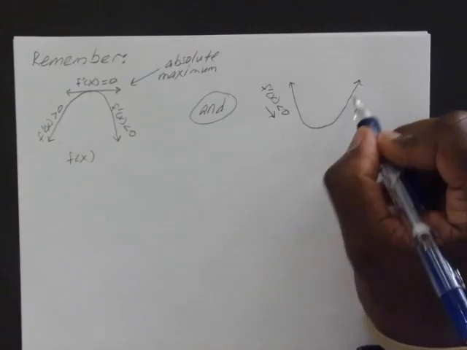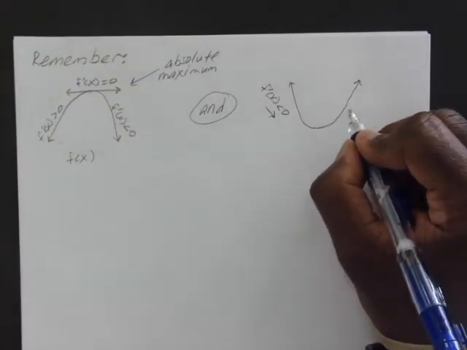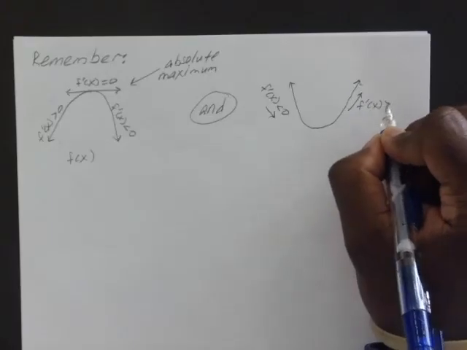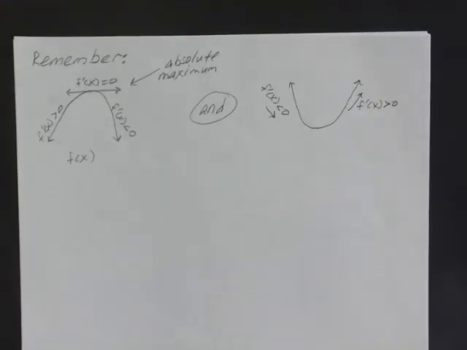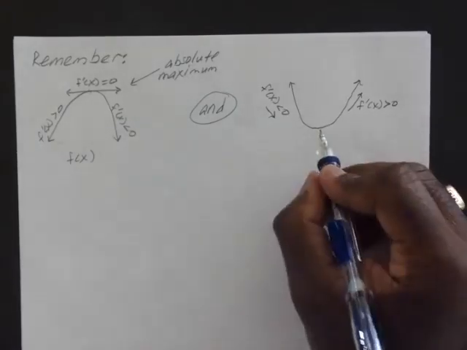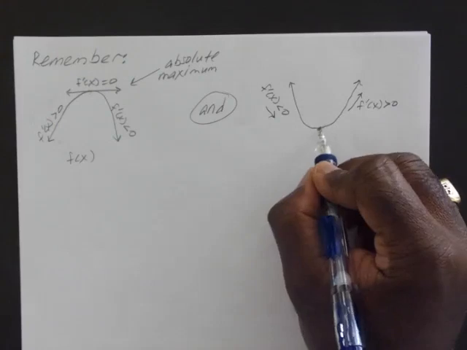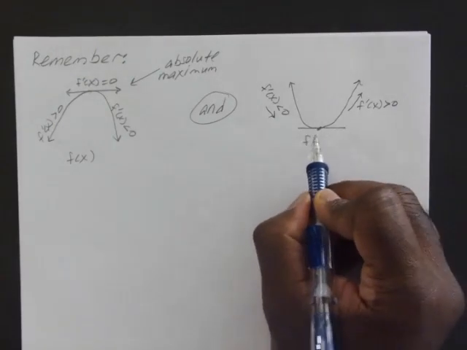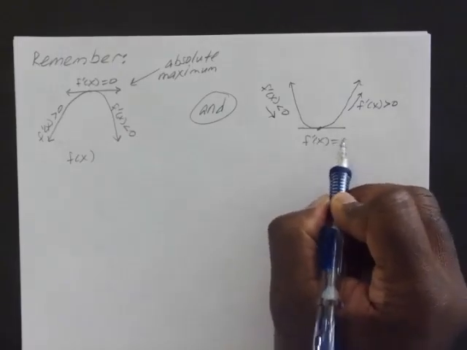Same thing with this interval. We know the graph is increasing if f prime of x is greater than 0. And we know it's a constant slope when f prime of x, or your slope, is equal to 0.